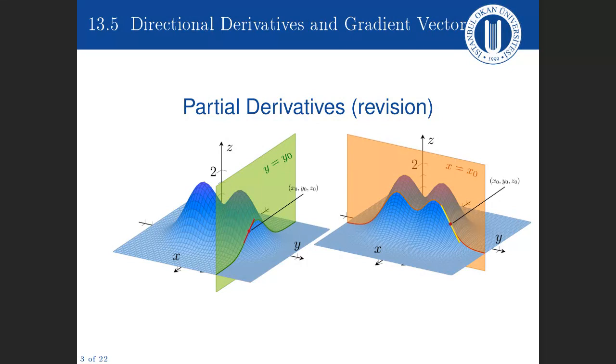So for example, if we say that y is always equal to y0, in other words, if we're in this green plane, we can ask, how does the function change when we vary x? Or we might want to fix x. We might want to say x is always equal to x0. We might say we're always in this orange plane, and then we could ask, how does the function change when we let y change?